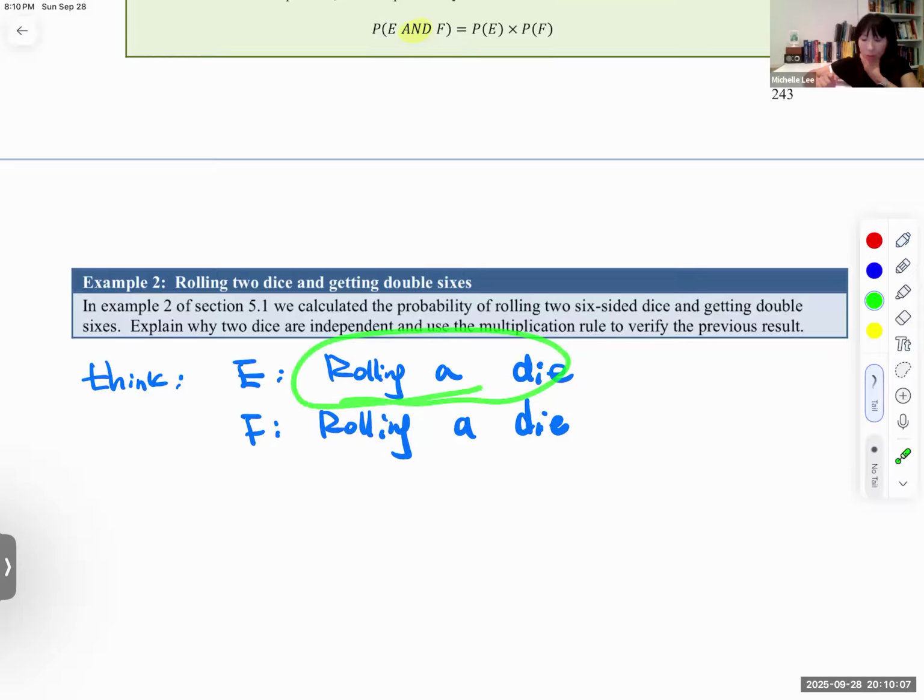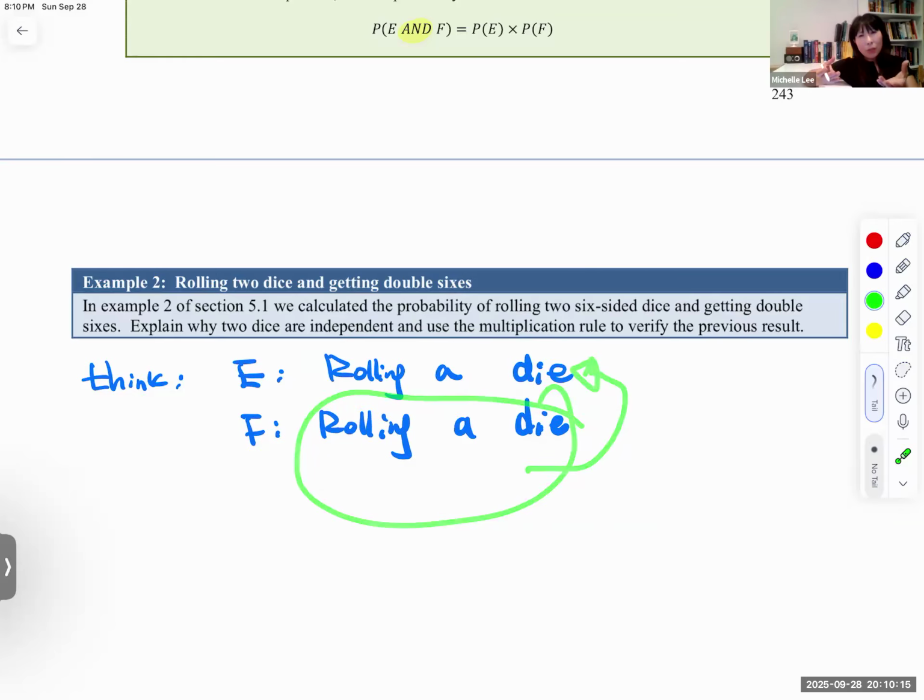Is this outcome affected by this outcome, or is this outcome affected by this outcome? No, because we have two different fair dice, right? Fair dice means no side is heavier. You know what I'm saying, right? Okay. So we understand, right? So events E and F are independent.